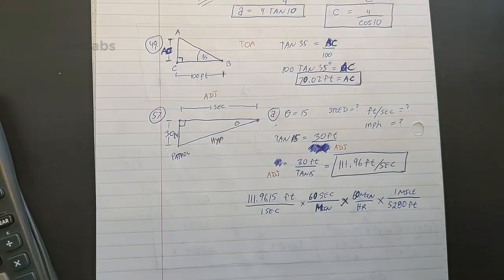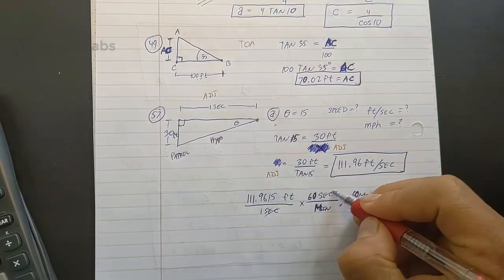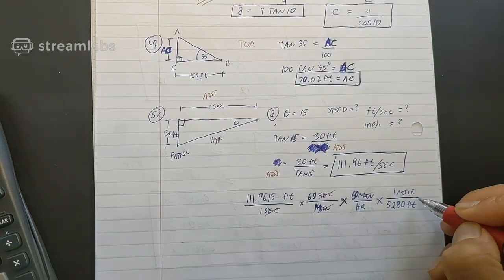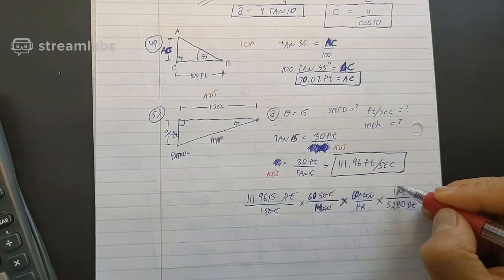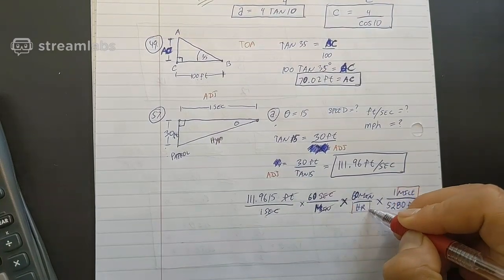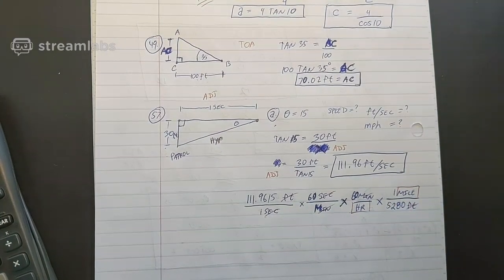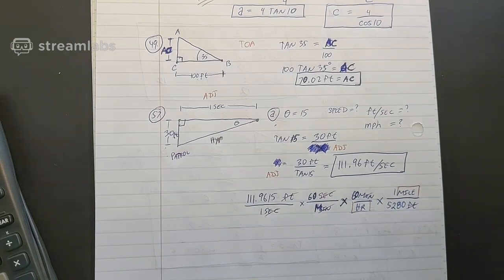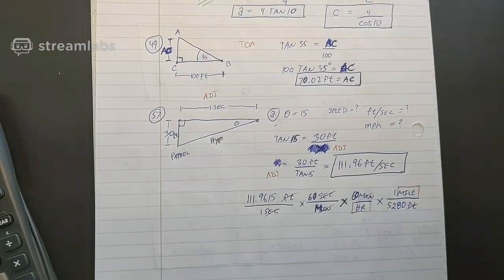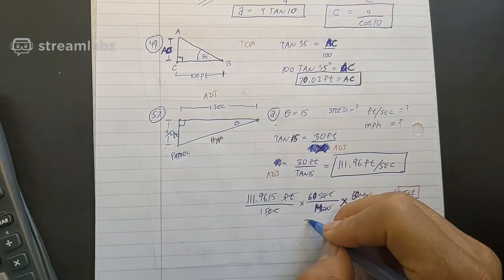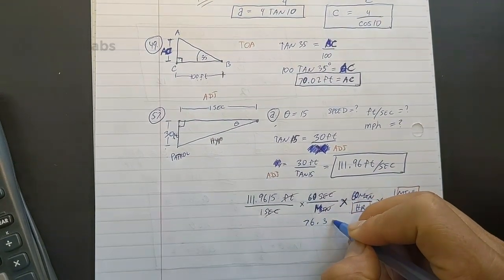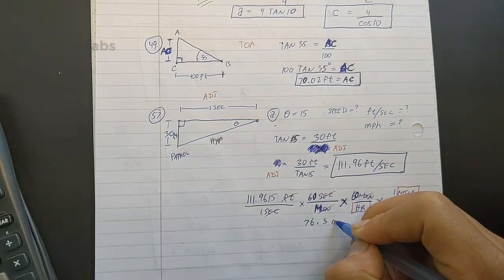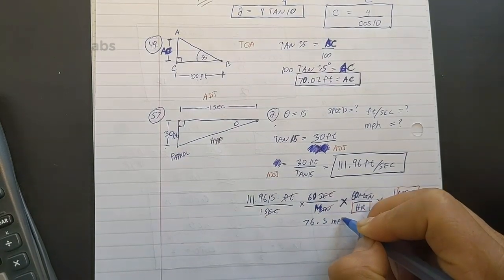So if you work all that out, notice that the seconds cancel, the minutes cancel, the feet cancel, and all we're left with is miles per hour, and that's what we want. If you multiply all that out, it comes out to 76.3 mph.